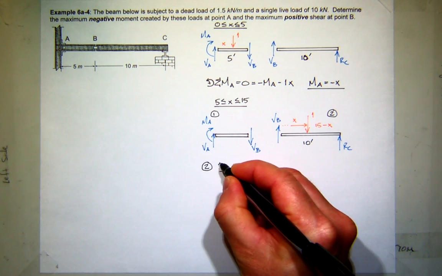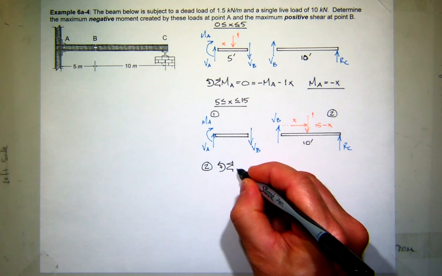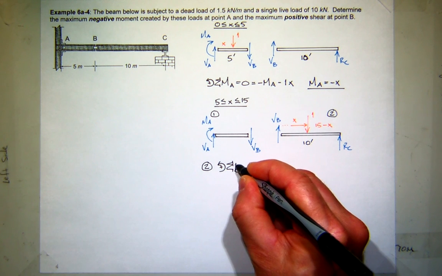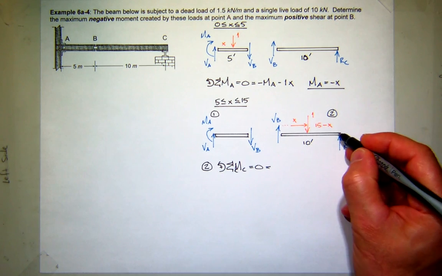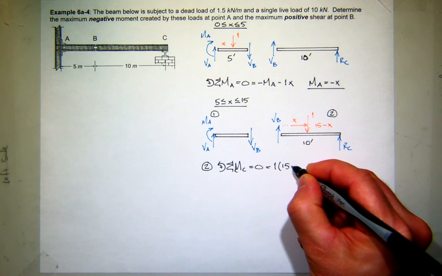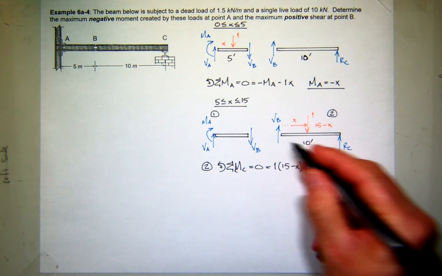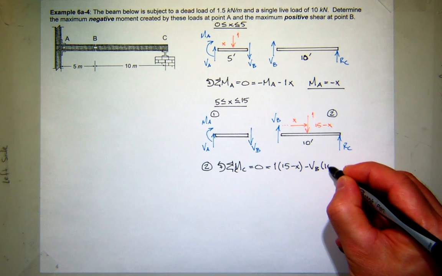So when I sum moments about C, moments about C equal to 0. About C, I get a positive moment from 1 with a moment arm of 15 minus x. And I get a negative moment from the reaction at B times 10.